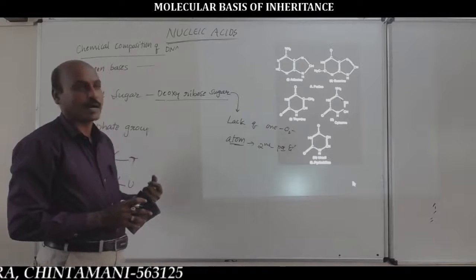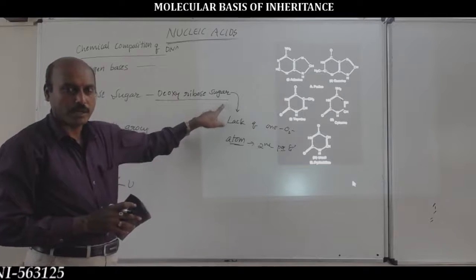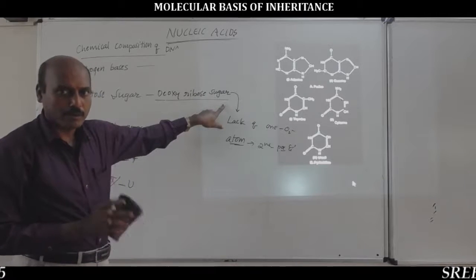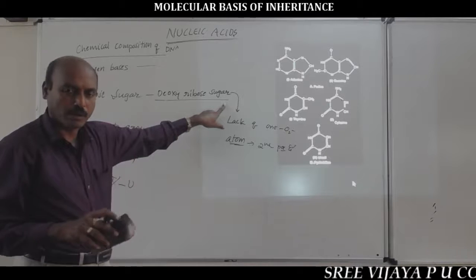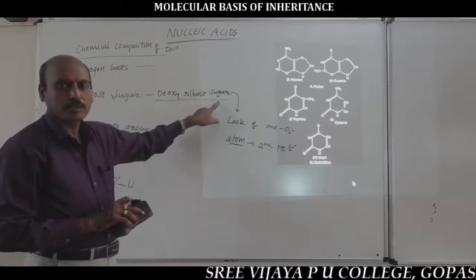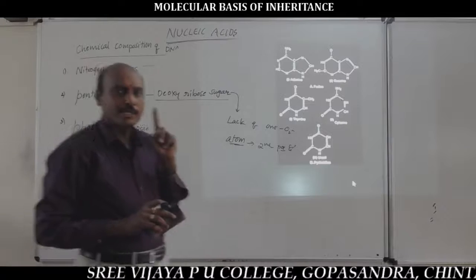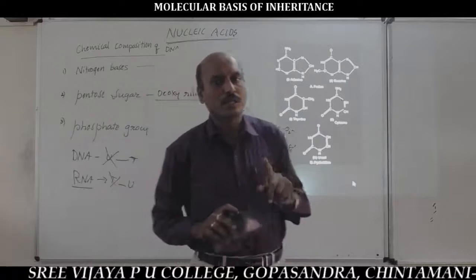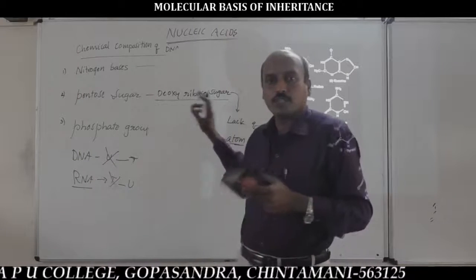That should be named as deoxyribose sugar. One more question: name the carbohydrate present in DNA. What is the type of pentose sugar present in DNA? It is the deoxyribose sugar, due to lack of one oxygen atom at the second position of carbon. That's why it is called deoxyribose sugar.